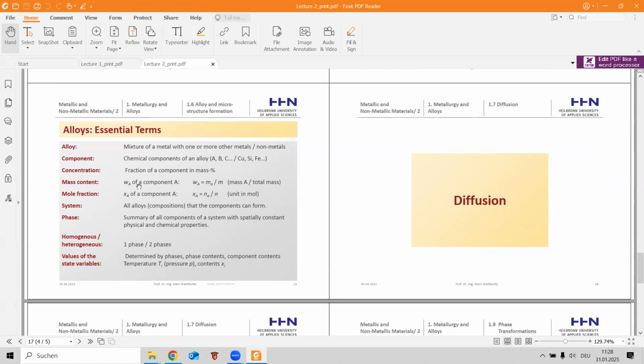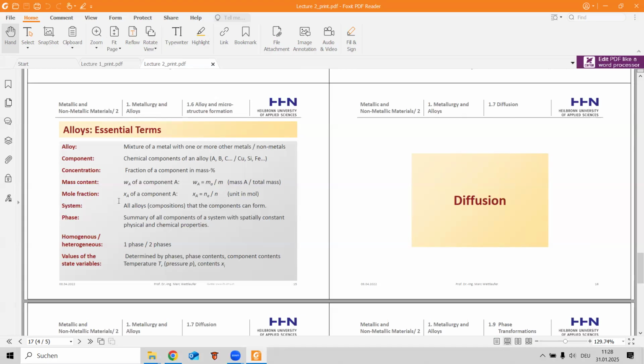The mass content w_A of component A is equal to m_A, the mass of component A, divided by m, the total mass.